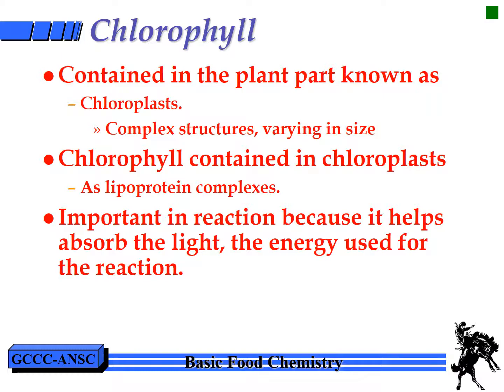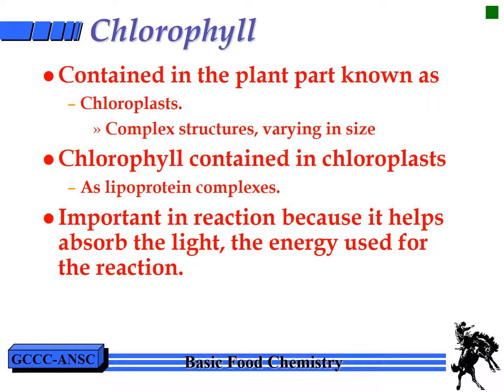So where do you find chlorophyll? Chlorophyll is contained in the plant part known as the chloroplast. There are varying types of complex structures and several different sizes, but the chlorophyll contained within those chloroplasts is in a lipoprotein complex, and that's how it's stored.